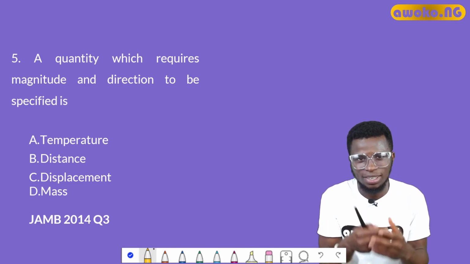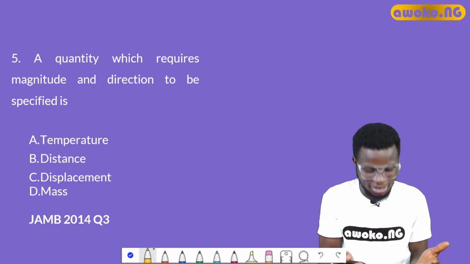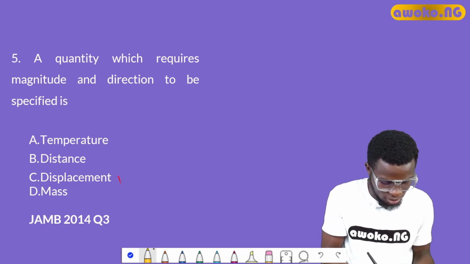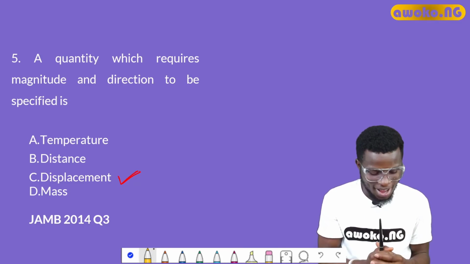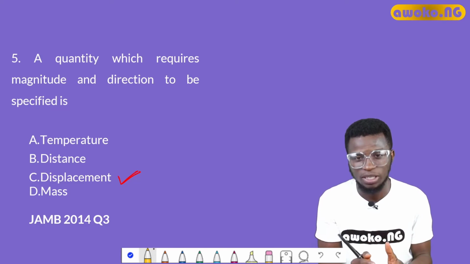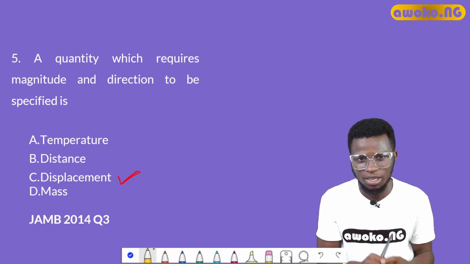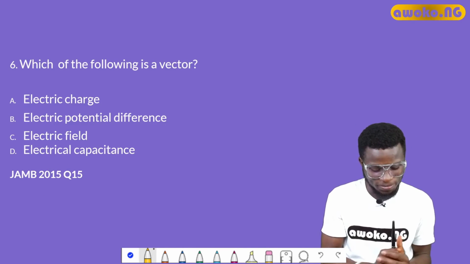Of course, mass is a fundamental quantity. It just shows the magnitude. So that gives us C as our correct answer. The quantity which requires both magnitude and direction to be specified is the displacement of that particular body.